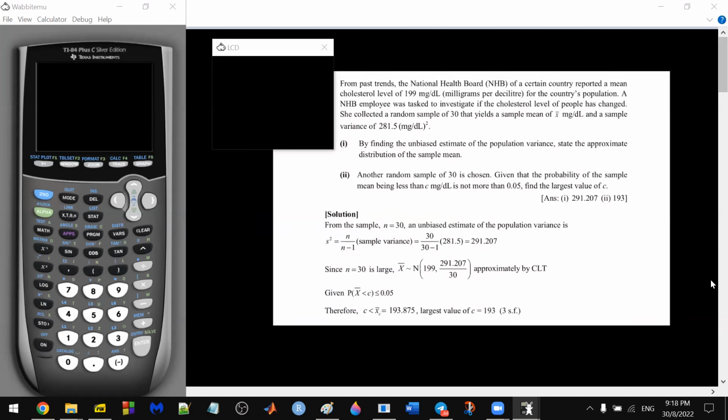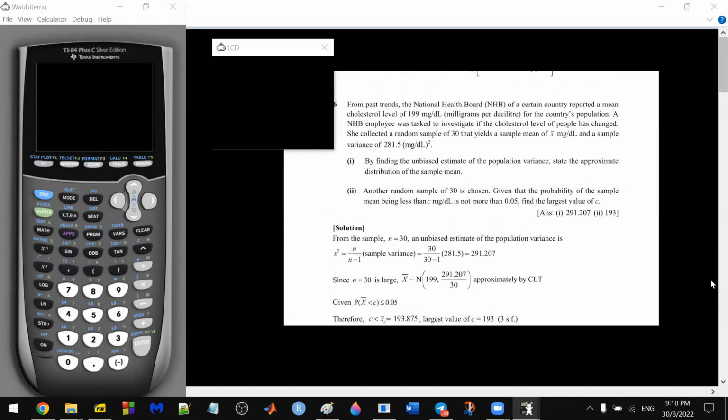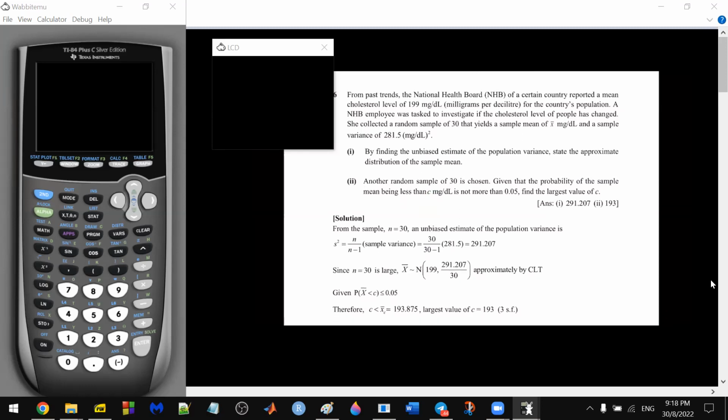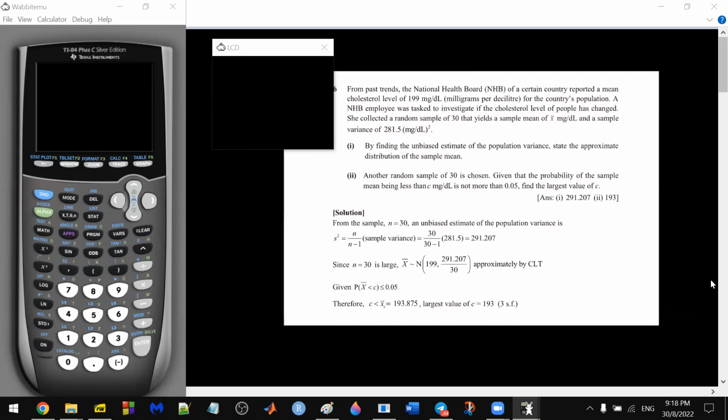Let me read first what I see. Another random sample of 30 is chosen, given that the probability of the sample mean x bar being less than C milligrams per deciliter is not more than 0.05.